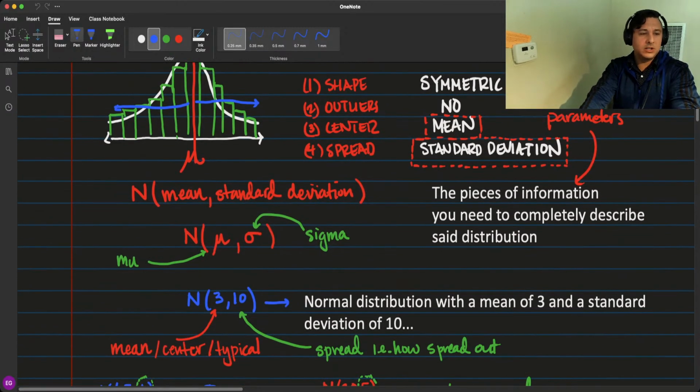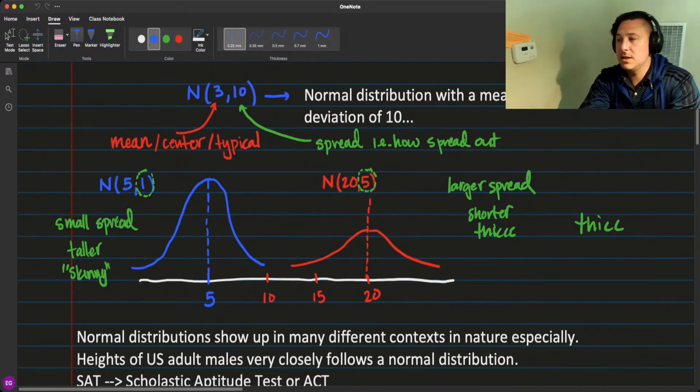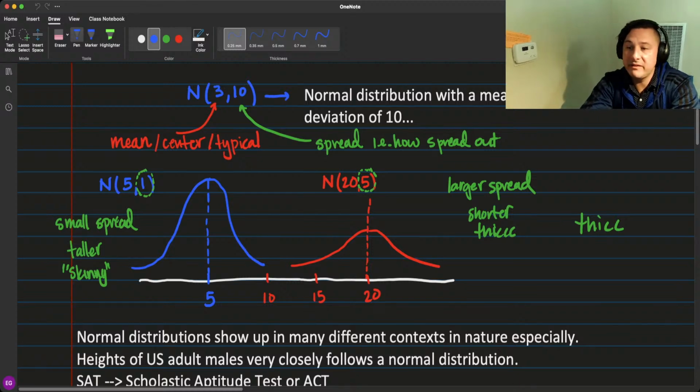When you're talking about a numerical distribution, remember to use the symbol mu, that funny looking U-looking thing, with the sigma. Mu means the mean, the sigma means the standard deviation. I gave you some examples of what these graphs look like: a normal distribution with a mean of 5 and a standard deviation of 1, and one with a mean of 20 and a standard deviation of 5.